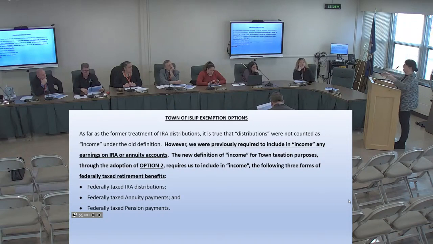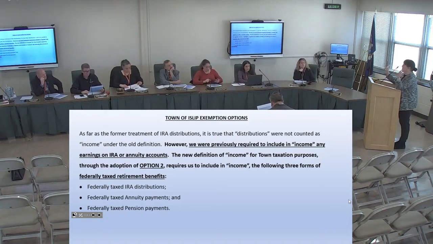So what option 1 does, as far as the general definition of FAGI without any options, would require the assessor to take line 11, which is the federal adjusted gross income, and then we have to make some adjustments that are mandated.